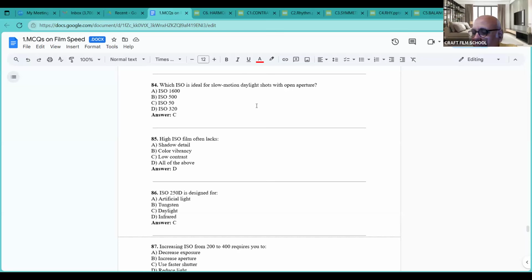Now, instead of 24 frames per second, I go for 48 FPS. So what I have done is I have cut down the shutter speed.